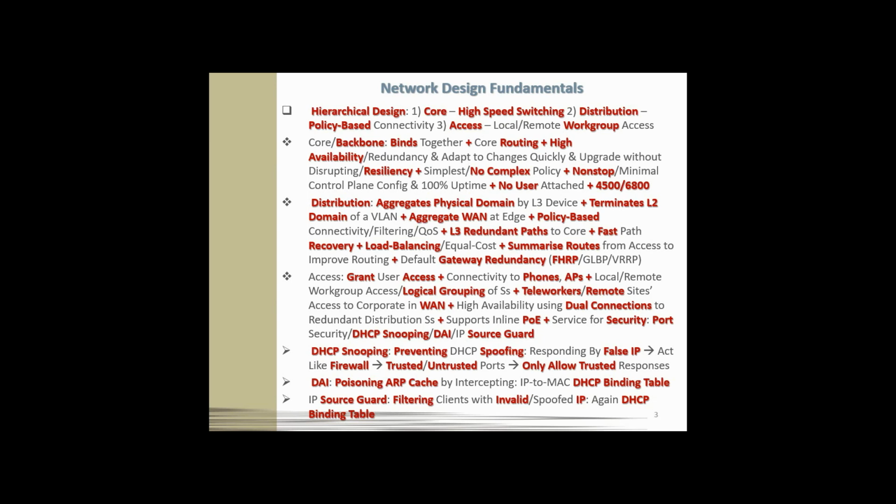So we store information in the DHCP binding table, and as a result, the MAC address from the DHCP request is always paired with the IP address from the DHCP reply to create an entry in the DHCP binding table. This forms a valid IP to MAC address binding.